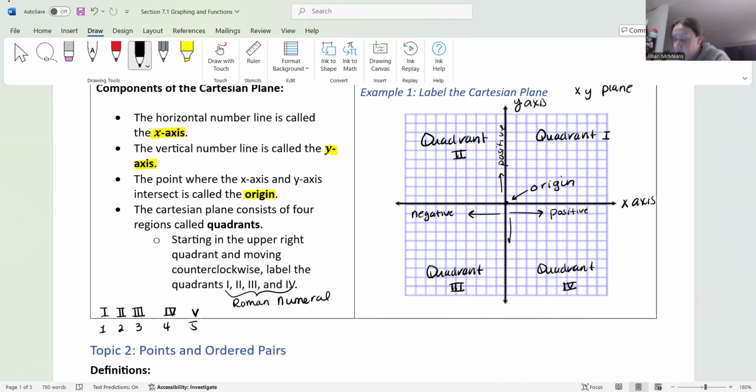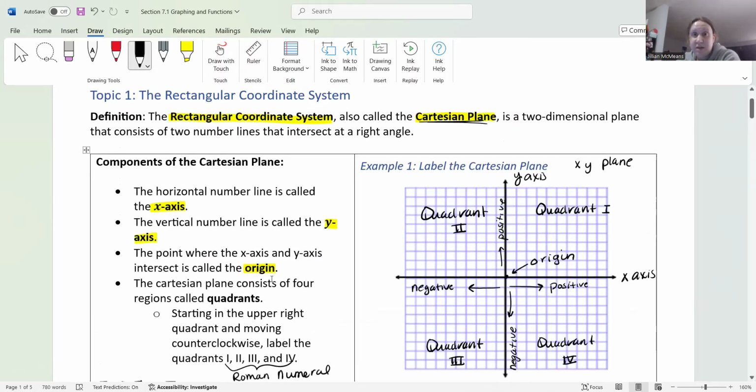And as we move down on the y-axis, things are negative and getting smaller for y. So understand that the origin really is like home base. To the left is negative, to the right is positive, down is negative, up is positive. That is just the basics of your Cartesian plane. In the next video, we're going to talk about how we represent locations on the Cartesian plane. We use something called ordered pairs.